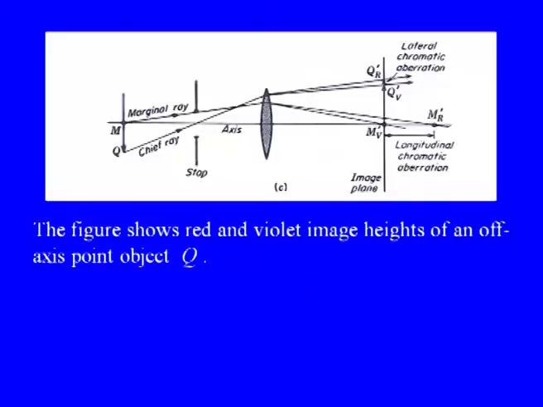The violet image and the red image are not at the same point. Similarly, if you consider an off axis point, here again the corresponding Q prime R and Q prime V are not at the same point, leading to a chromatic aberration on the lateral side.